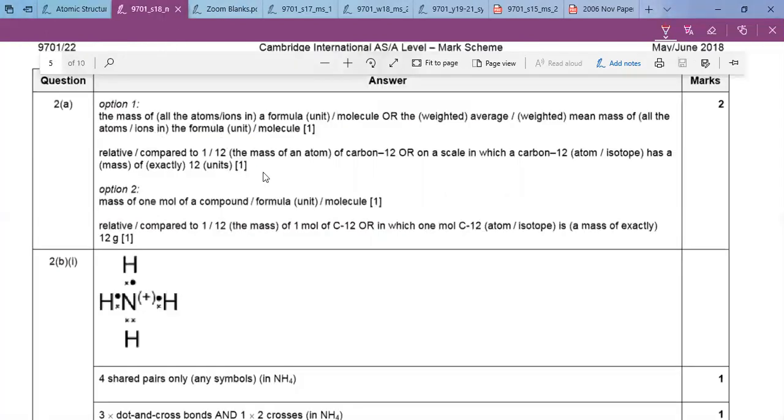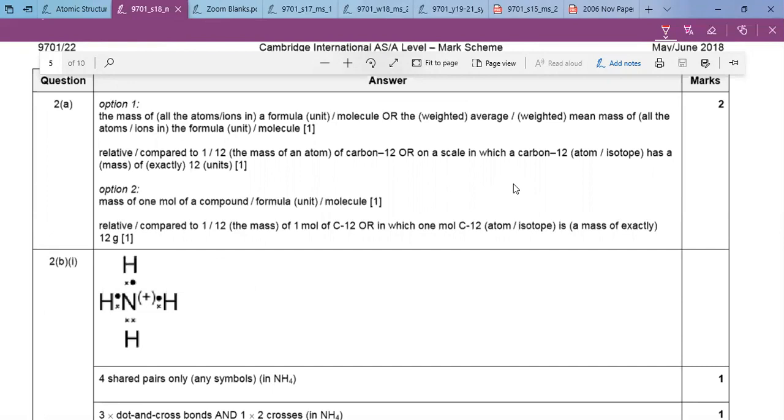Now the first one is the mass of all the atoms or all the ions of a formula, or the mass of one molecule.